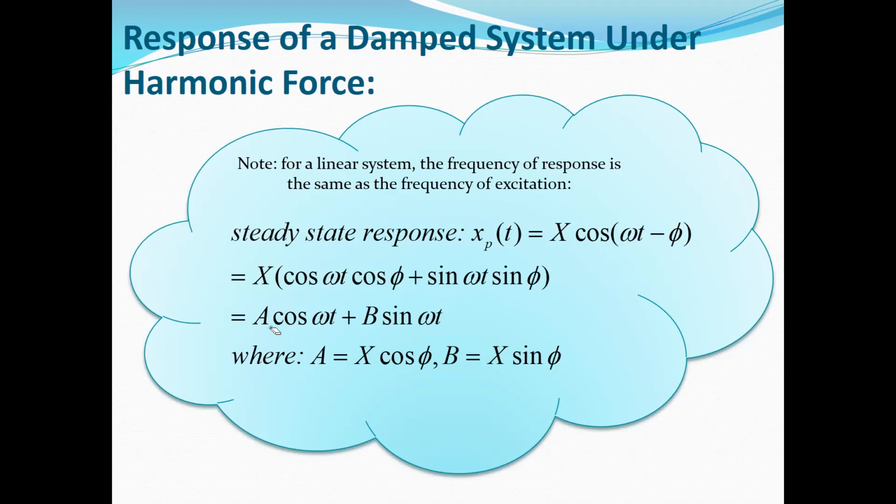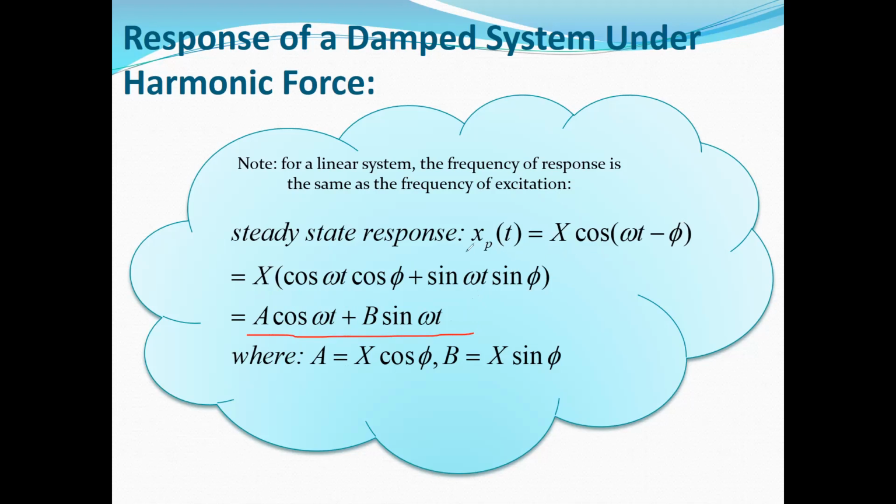Sometimes, for example in the previous example, I used this form A and B, which in that example was C1 cosine omega t plus C2 sine omega t, and then I substituted and found C1 and C2. So you can use any of these forms to obtain the particular response.